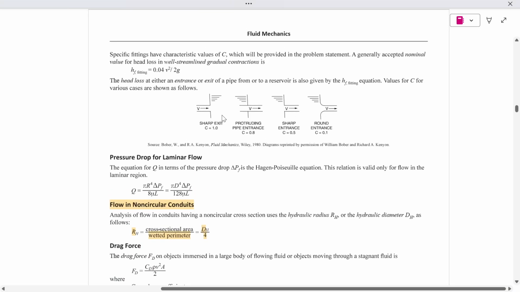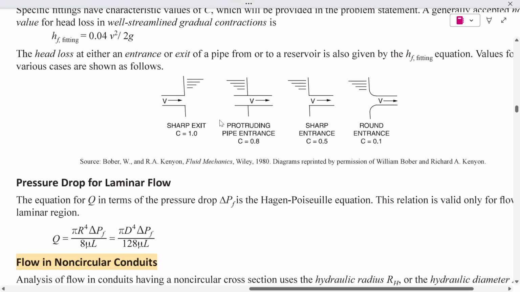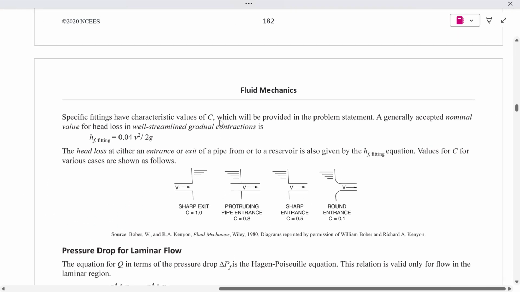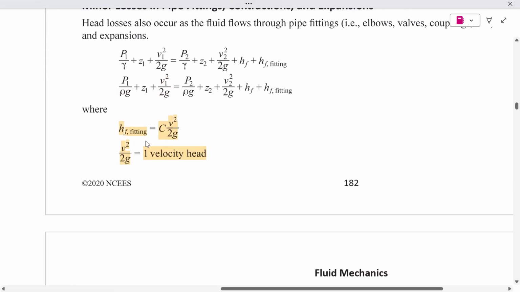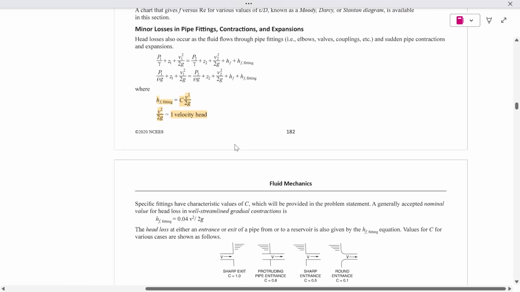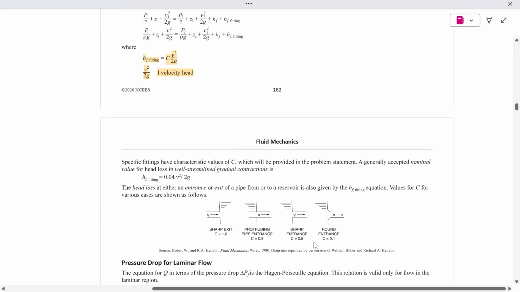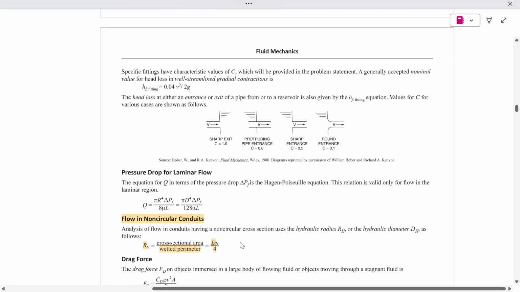Depending on how the exit is happening, there are different coefficients for each of these entrances, and this is called a fitting coefficient. That fitting coefficient is why the head loss of the fitting is equal to C v square by 2g, because there could be a head loss happening. Usually the sharp exit has the best one; as it keeps curving, the coefficient keeps changing depending on the type of exit.